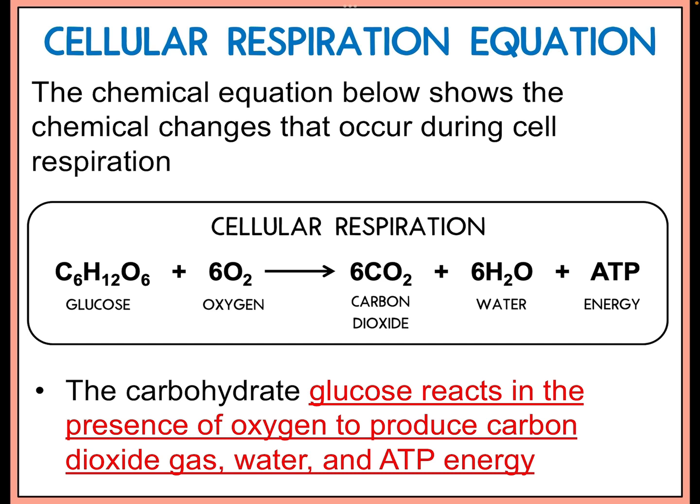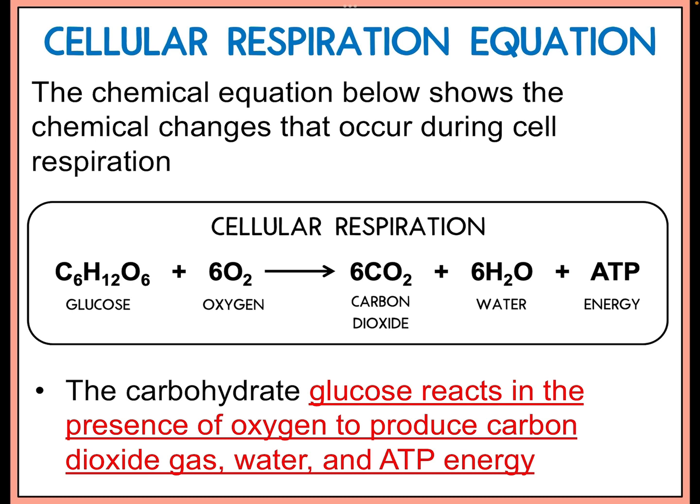The chemical equation for cellular respiration is C6H12O6, or glucose, plus 6 molecules of oxygen, which yields 6 CO2 molecules, or carbon dioxide molecules, 6 water molecules, and ATP.